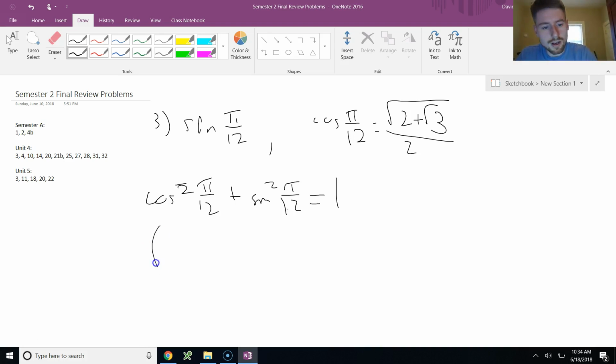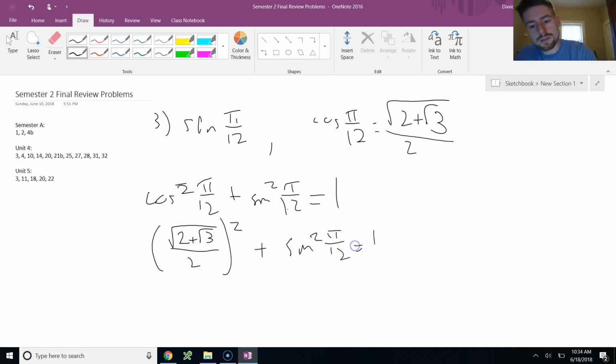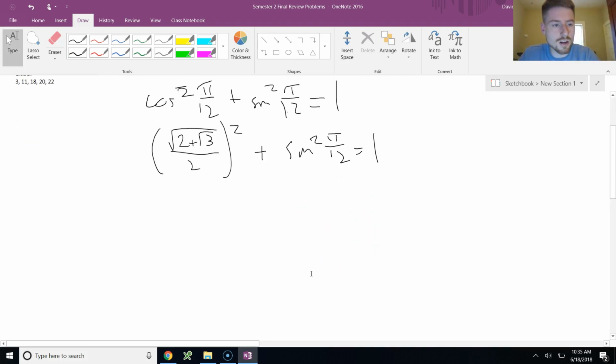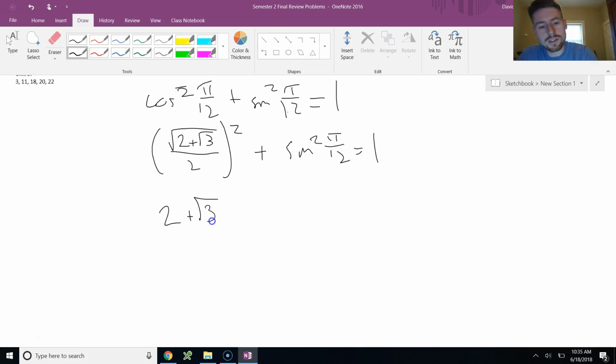So this is the square root of 2 plus root 3 over 2, squared, plus sine squared pi over 12 is equal to 1. Squaring this, the square of the numerator is 2 plus root 3. That removes the external square root. And squaring 2 gets us 4. Plus sine squared pi over 12 equals 1.